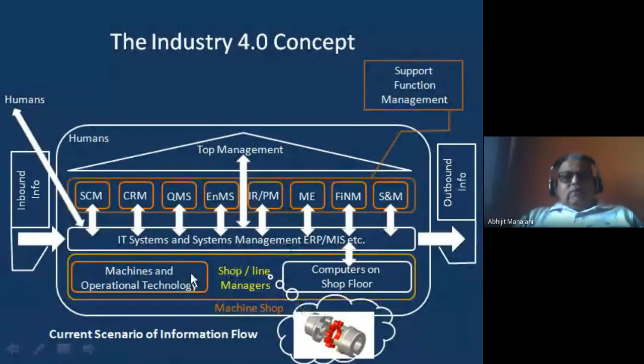The operations are being done by operators and they are being managed by managers. So they have some kind of linkage and some kind of human touch to the operations, which with Industry 4.0 probably will get lost. But that's the price one has to pay for getting real-time data.